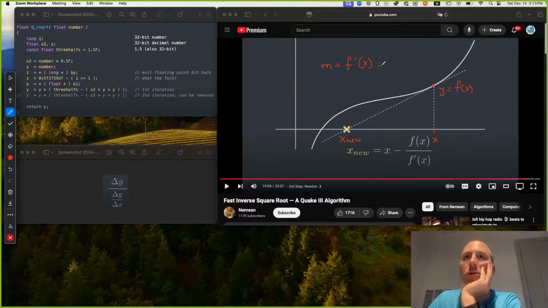You have the slope, which is change in y over change in x. And you want to get here. So you want to get this value. So you just want to know where this thing crosses the x-axis.